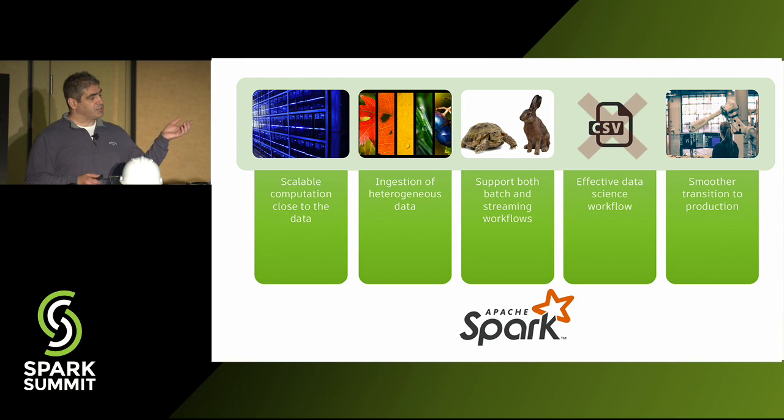In order to instantiate this kind of process, what we opted to do was utilize Spark. Part of the reason we utilize Spark is that it allowed us to bring data close to the computation. And it also allowed us to bring heterogeneous data sources together in one environment where we can actually compute against them. In the world we live in, any flavor of database you can imagine is our product, so we have to ingest from databases.